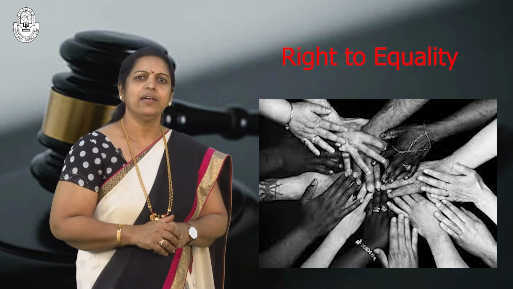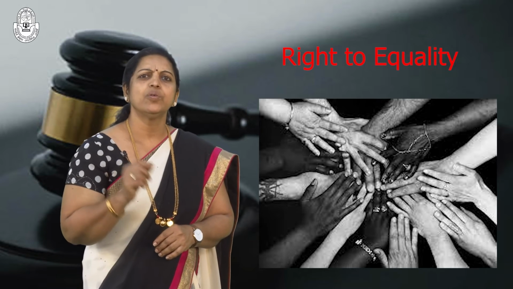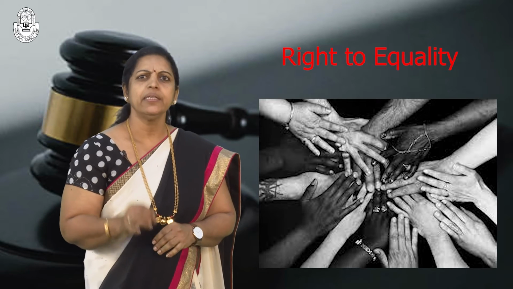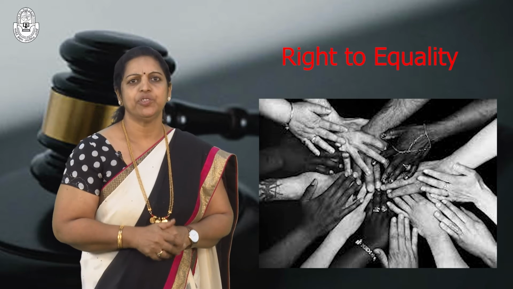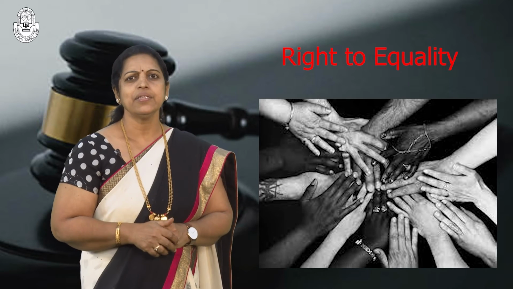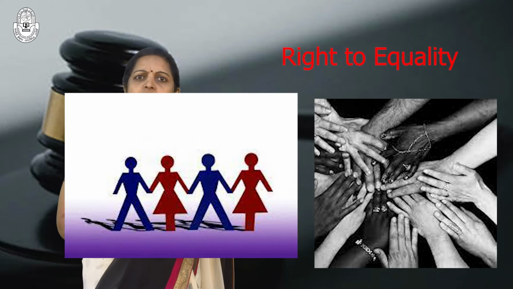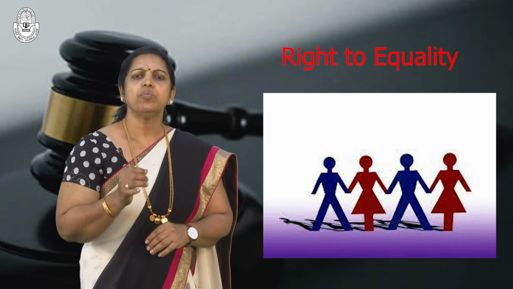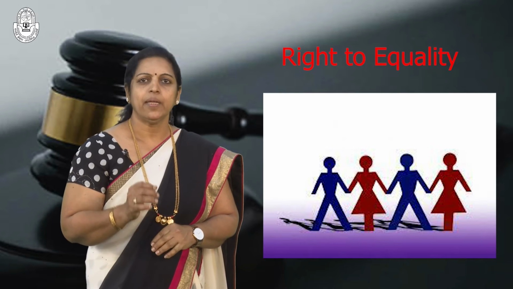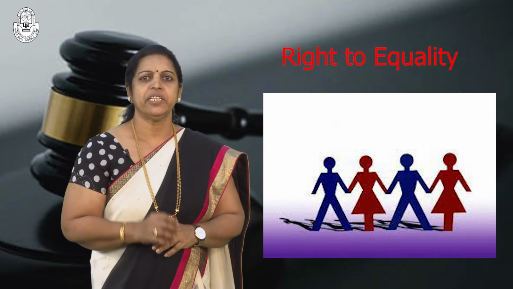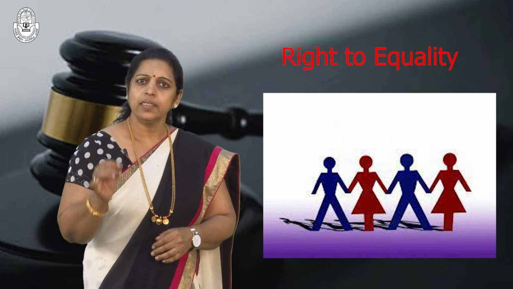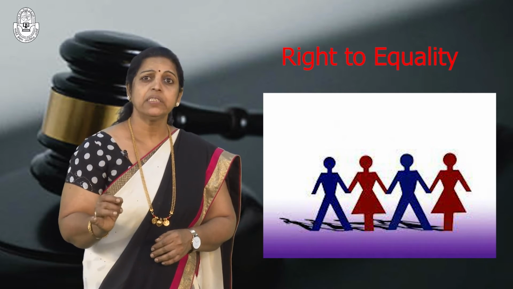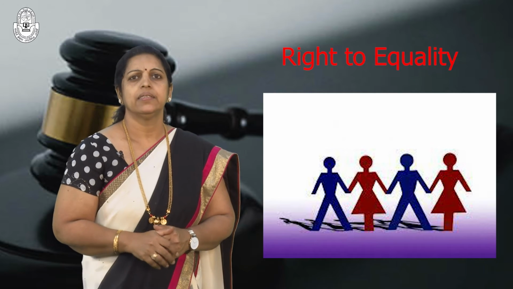Equality before law is somewhat a negative concept, implying the absence of any special privilege to an individual or class of individuals. Equal protection of law is a more positive concept, implying equality of treatment in equal circumstances. Article 14 forbids class legislation.